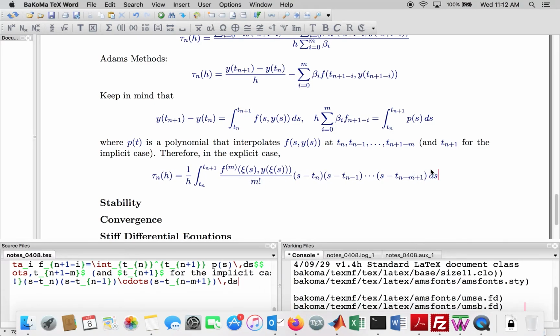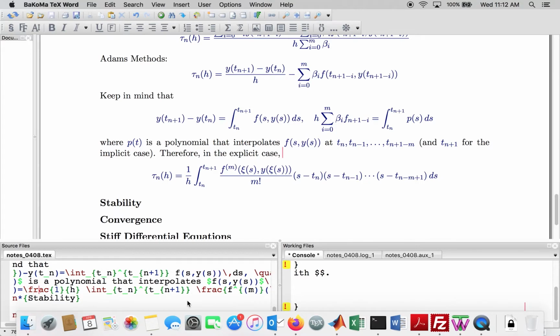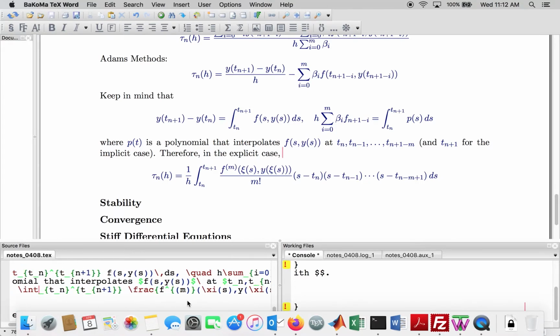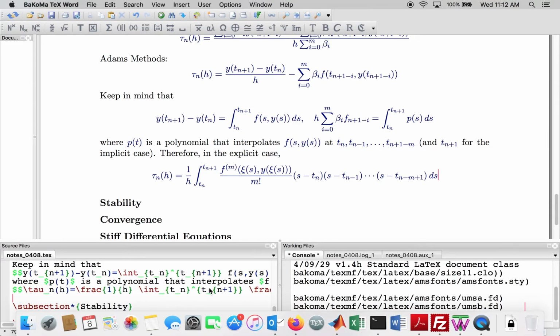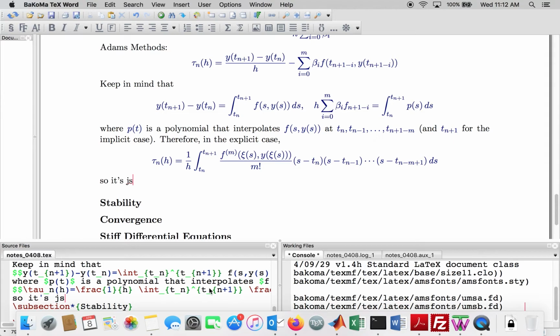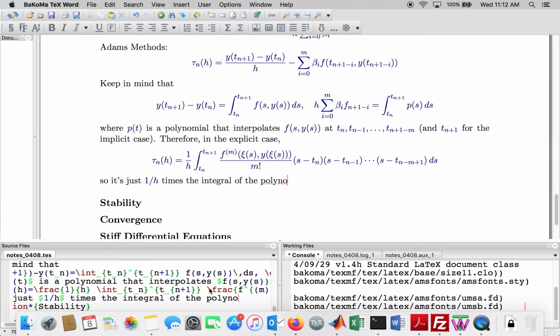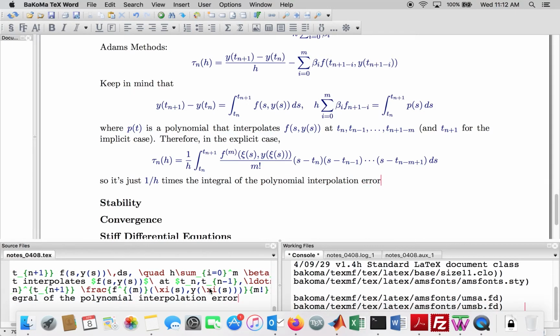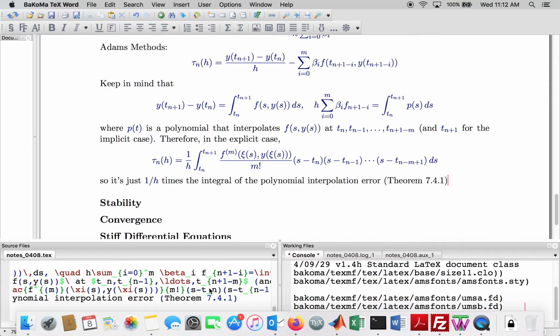So everything in the integrand here is the polynomial interpolation error formula. Let me make a note of that: h times the integral of the polynomial interpolation error. This is theorem 7.4.1 that was covered last semester.